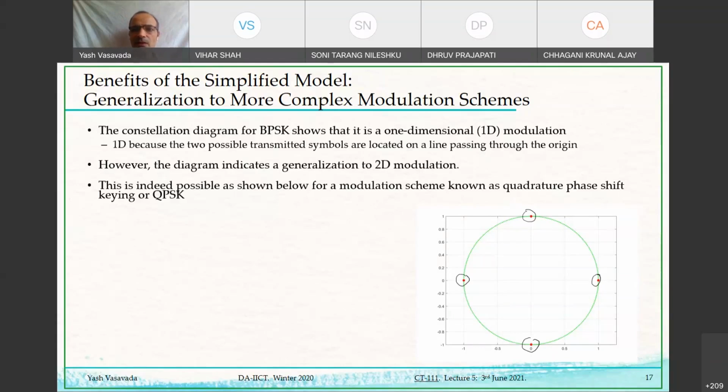Okay. Now, I would like you to start thinking about the plane on which we have drawn this constellation diagram as a complex number plane.